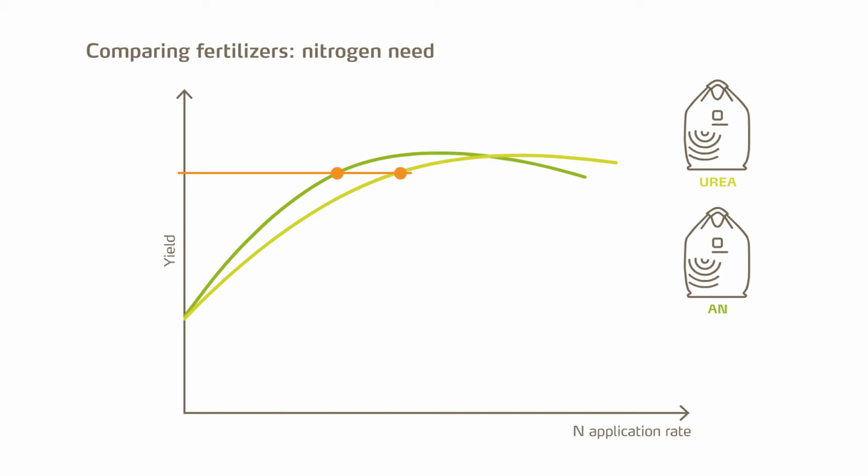However, significantly more nitrogen is needed with urea than with ammonium nitrate. The difference is due to the higher nitrogen uptake efficiency of ammonium nitrate and the lower losses. Likewise, for a given amount of nitrogen, yield and revenues will be higher with ammonium nitrate than with urea.